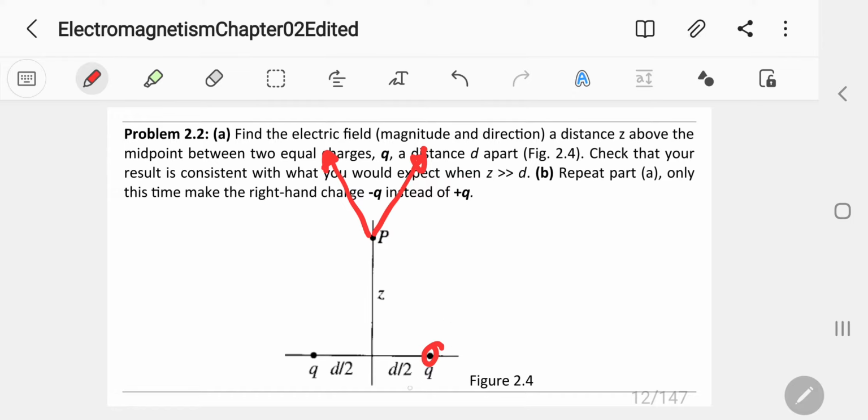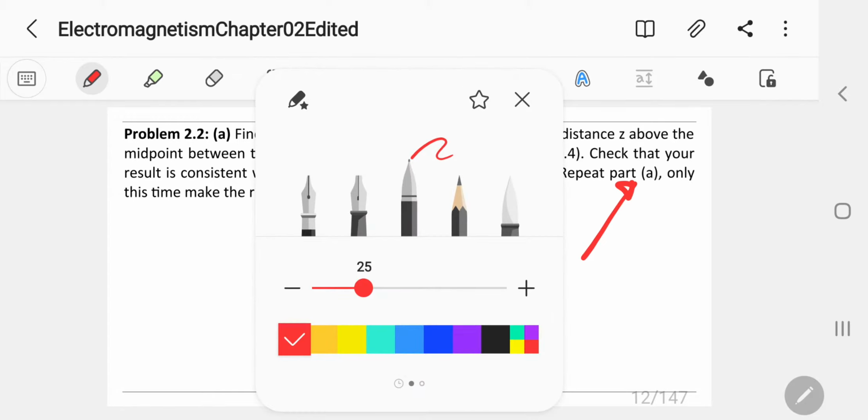Since the charges are the same in magnitude, the two vectors have the same magnitude as well but different directions. So in this case, you have a vector going here. It has an x component and a y component.